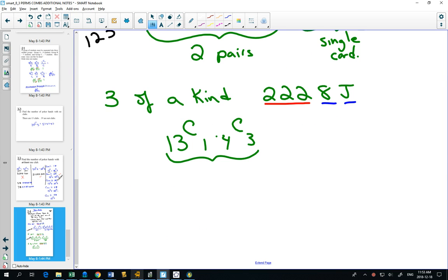This combined makes all the different 3 of a kinds. Then we have to choose 2 single cards to go with it. We have 12 kinds or types left. We choose 2 of them. 4 choose 1, 4 choose 1.